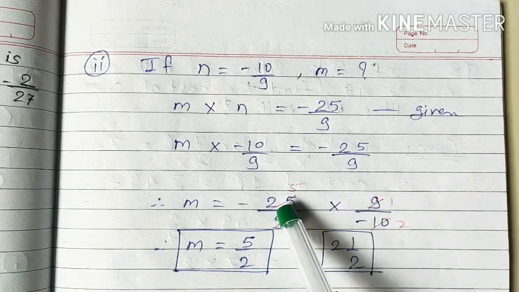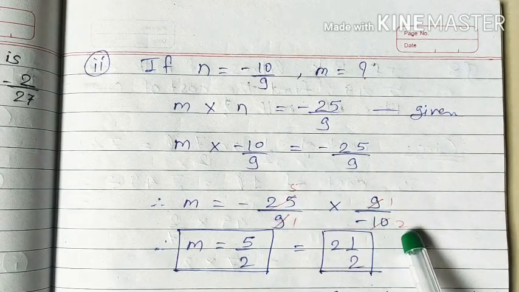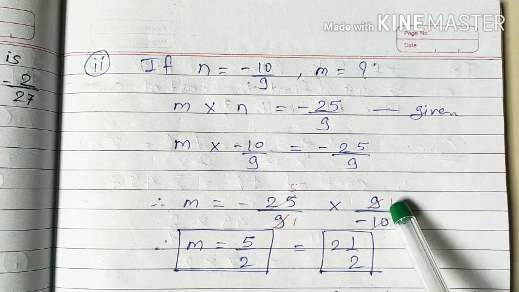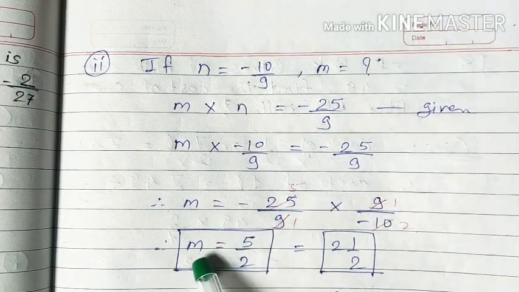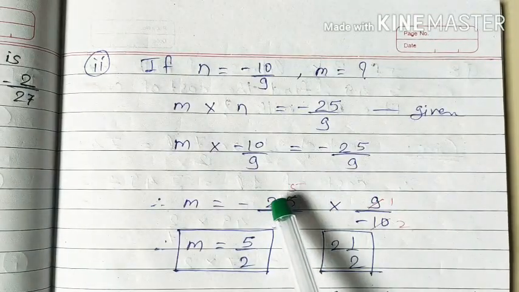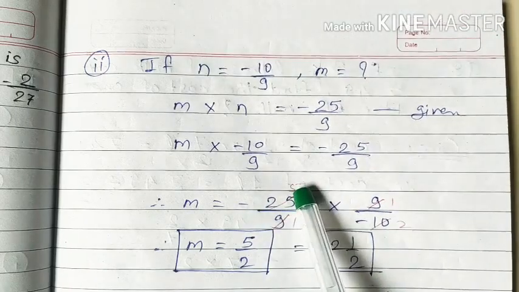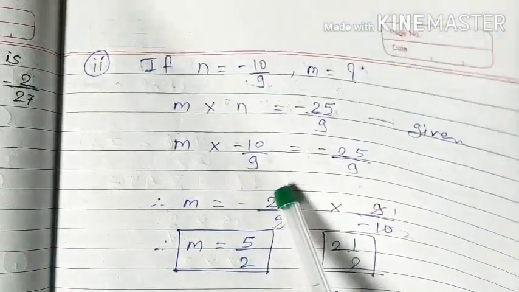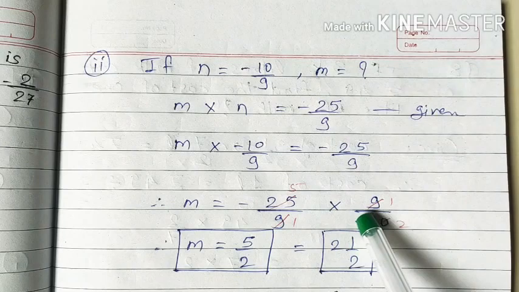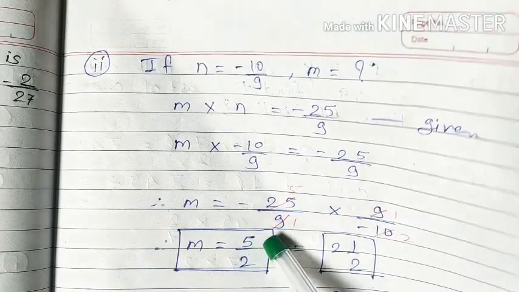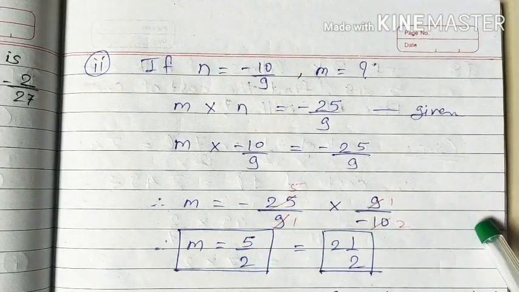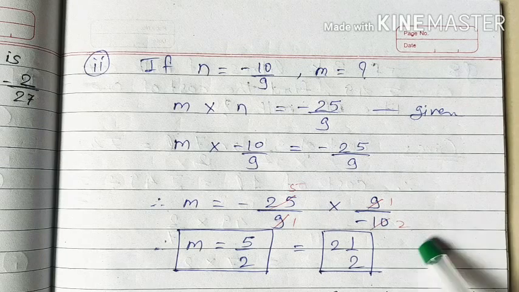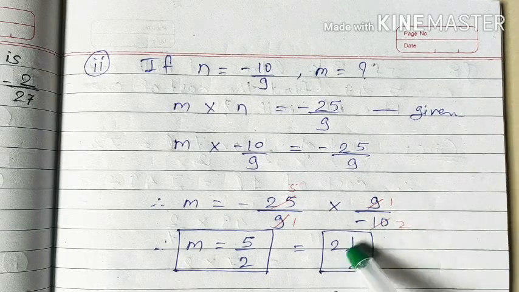Again cancellation. 5 5s are 25, 5 2s are 10, 9 1s are 9, 9 1s are 9. So the value of M will be what? 5 by 2, positive, because it is a negative number and it is also a negative number. So 5 upon 2 can be written in the form of a mixed fraction, 2 integer 1 by 2. Okay.